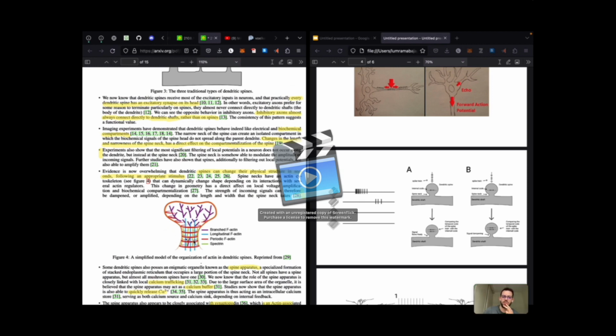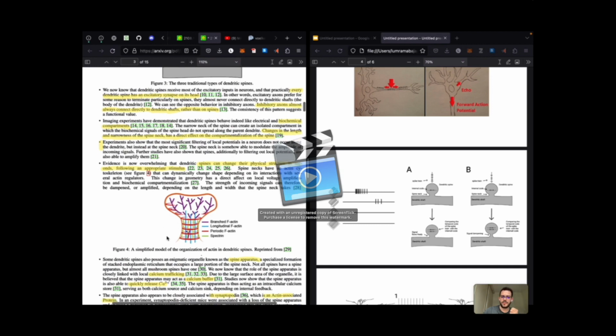These spines can become more elongated or narrower or wider really rapidly, which is very interesting.